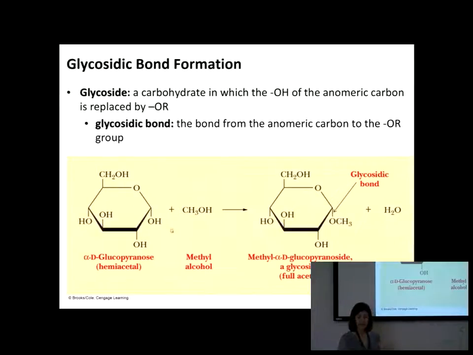I don't want to confuse you guys too much, but if I had this sugar, and this was just a CH2OH, and this was my ketone, this one would attack this carbon. And so you would have a 5-membered ring.